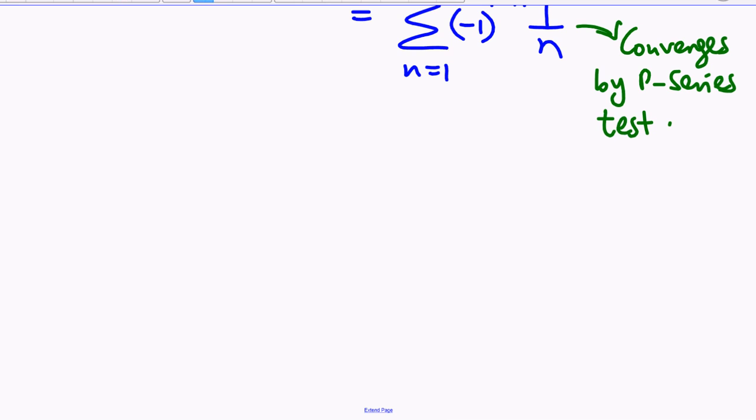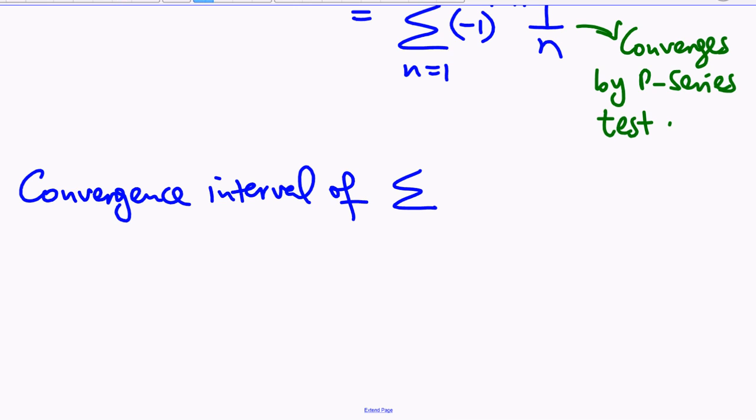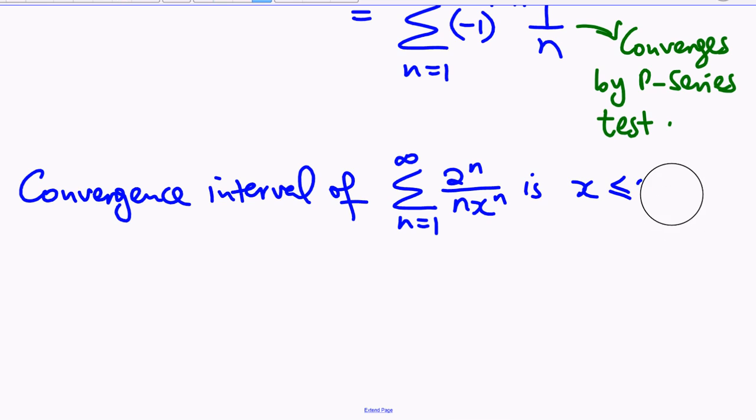Our conclusion is that the convergence interval of this series is x less than or equal to 2, not 2, less than or equal to -2, or x greater than 2.